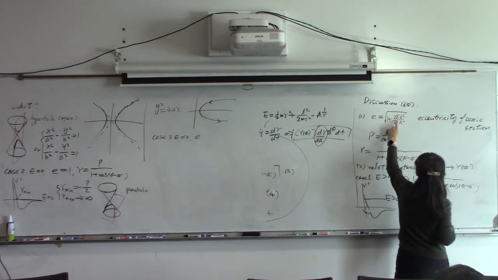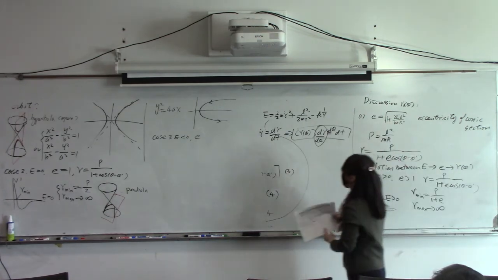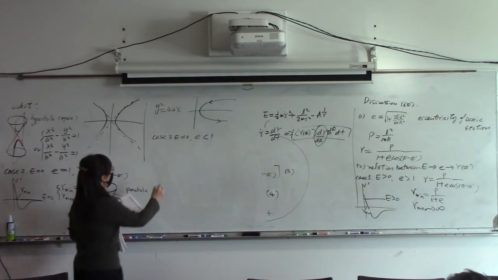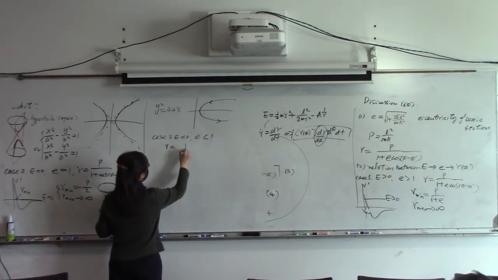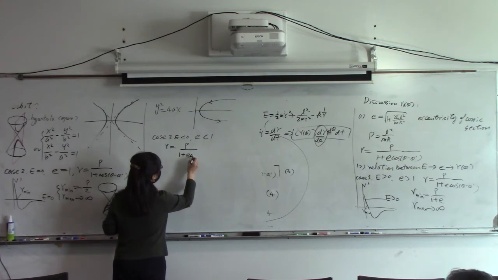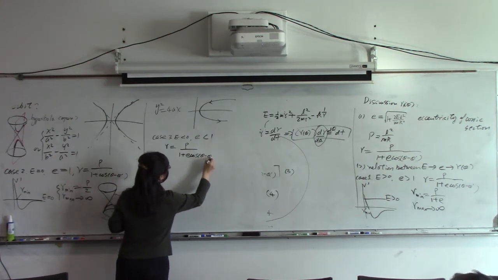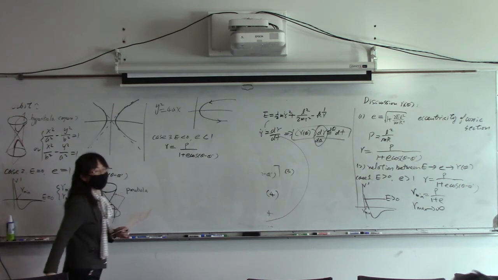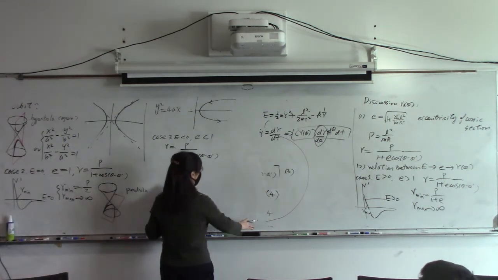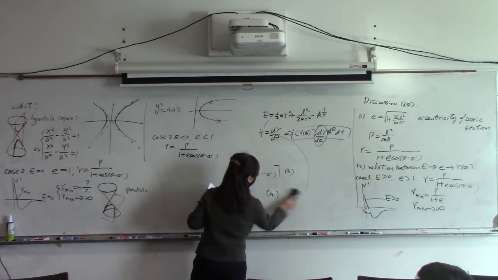If this is negative, that means 1 minus something, so it is smaller than 1. Then the R, in this case, since E is not equal to 1, we still keep the same formula, but now we know E is less than 1. With this, let's look at R maximum and R minimum in this case.